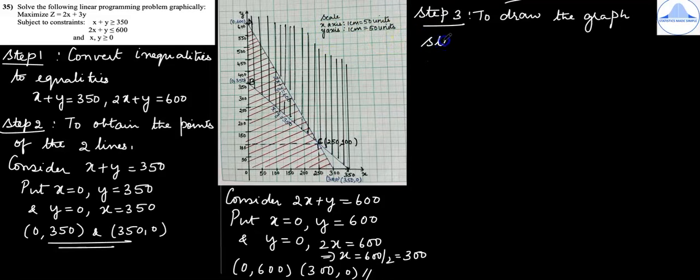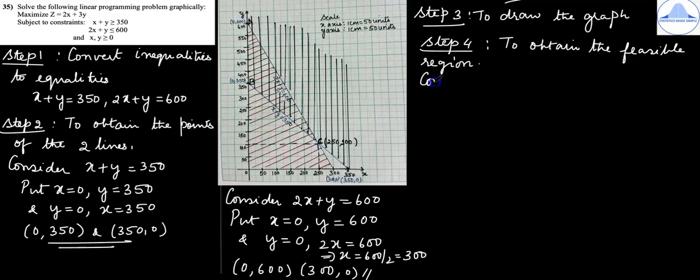So now we move on to step 4. Step 4 is to obtain the feasible region. To obtain the feasible region, what we do is we consider the inequalities which were given. So you take the first inequality, that is consider x plus y greater than or equal to 350.